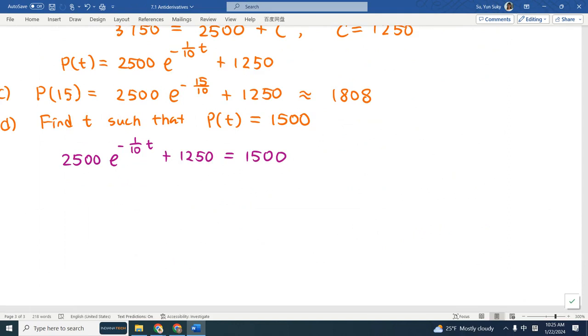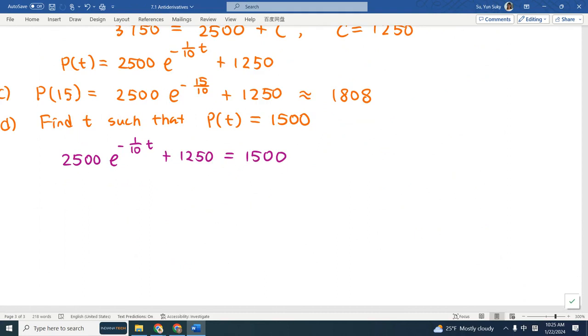This is an equation involving an exponential expression. The first step is to isolate the exponential expression, meaning we only want the exponential expression on one side by itself. So I want to get rid of the 2500 and the 1250.